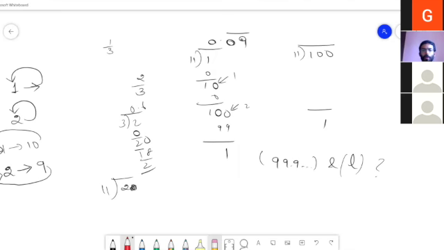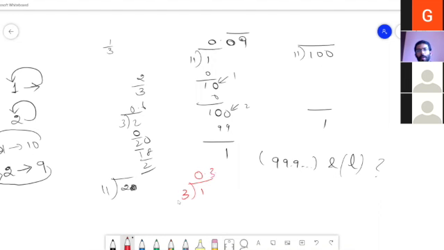So for any cyclical number, the remainder has to be 1. No, because that same block length, but for 1 by 3 also we stop at 1 only, no? No, but that is not a cyclical number.